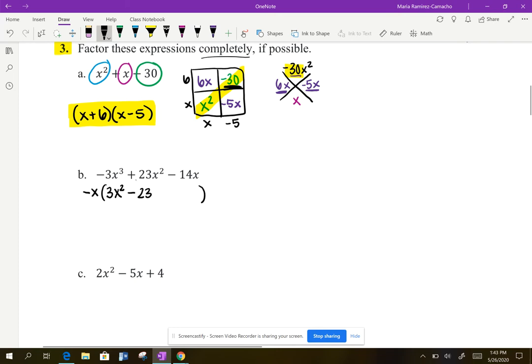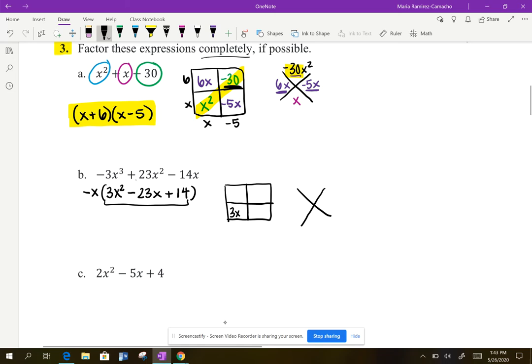I keep the same coefficient, but because I'm taking out an x instead of x squared, this is now just x. And then factoring out -x from -14x will just leave me with +14. Now this is what I will be putting into my generic rectangle and my diamond.